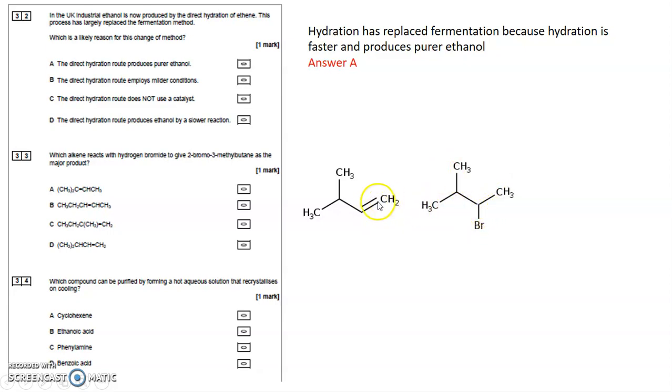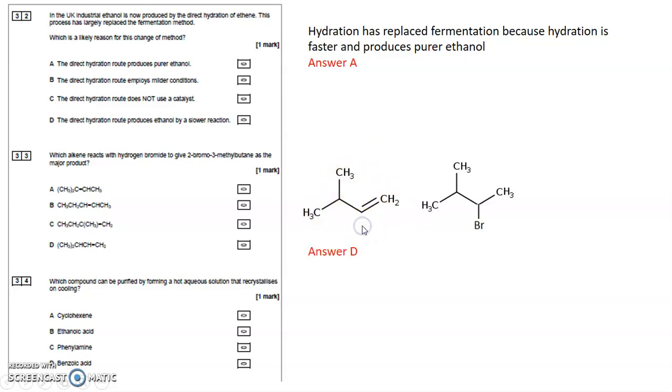So if I add hydrogen bromide across this double bond here, then the H will go with the CH2 and leave a plus here, and the Br minus with its lone pair of electrons will attack this plus here, this secondary stable carbocation. So this will form it.